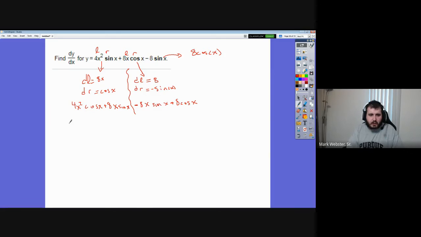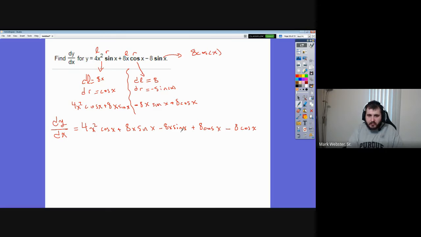So let's write out this whole thing. 4x squared cosine x plus 8x sine x minus 8x sine x plus 8 cosine x minus, right, that's a minus sign there, 8 cosine x.